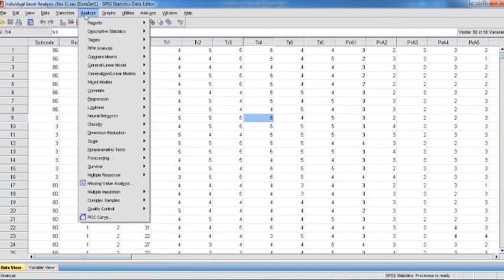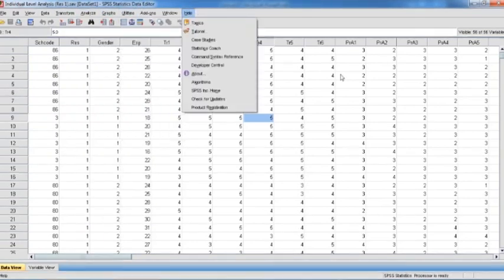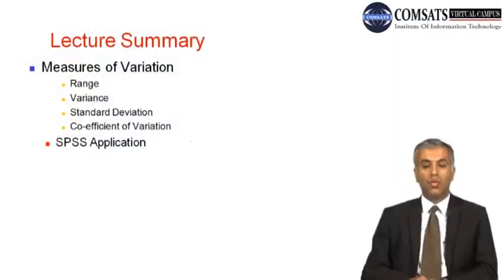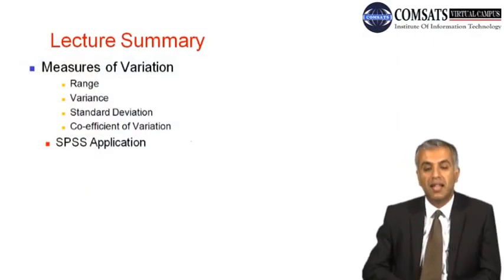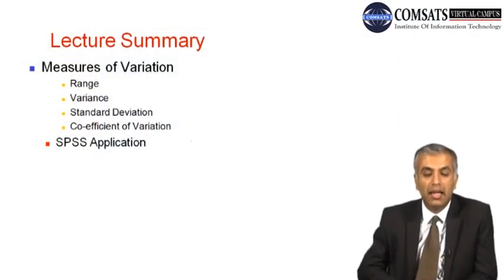So coming to the lecture, what we did in this lecture was regarding measures of variation. The different measures which are used are range, variance, standard deviation and coefficient of variation.